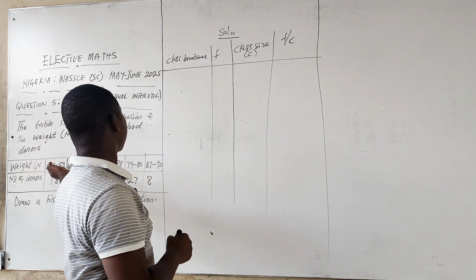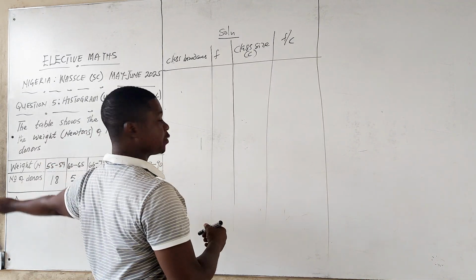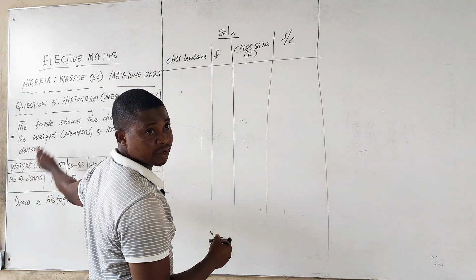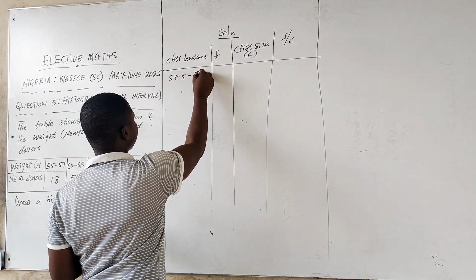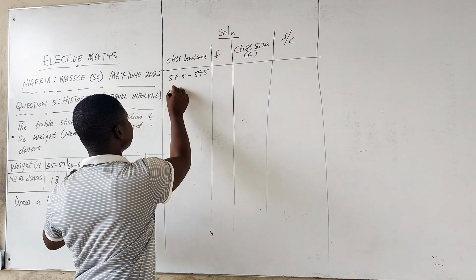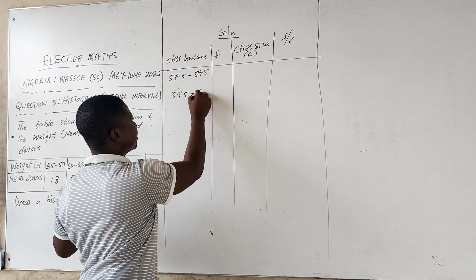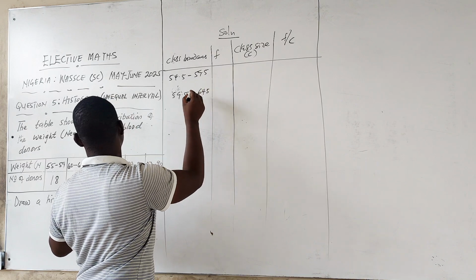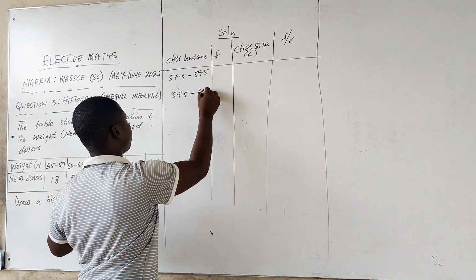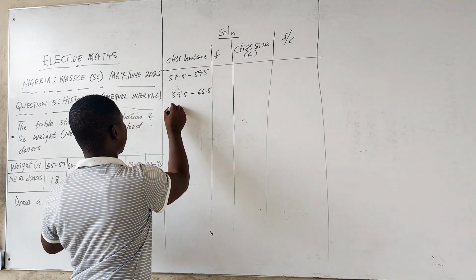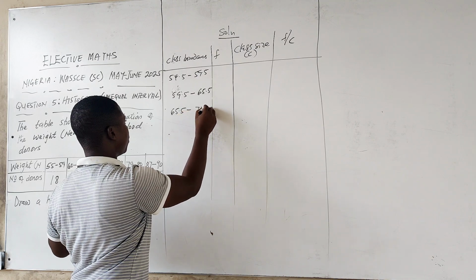So with the class boundary for 55 to 59, we subtract 0.5 from the lower class limit and add 0.5 to the upper, so we have 54.5 to 59.5. This one becomes 60, that's 59.5 to 65.5. This one also becomes 65.5 to 71.5.